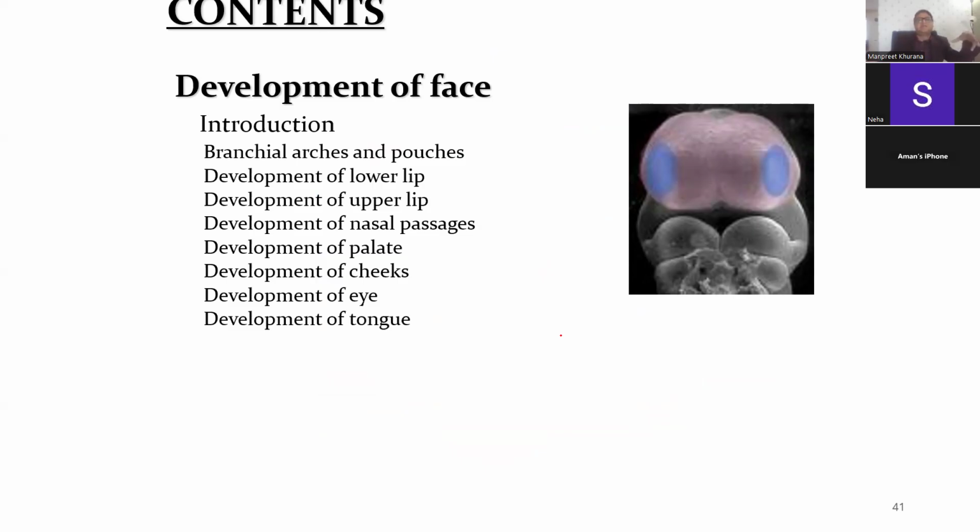Why these particular muscles are supplied by this particular nerve, we'll be able to understand through the branchial arches and pouches, or the pharyngeal arches and pouches. This is a very important concept. We have to be very attentive, and I'll be asking a lot of questions from this topic because it is very, very important.